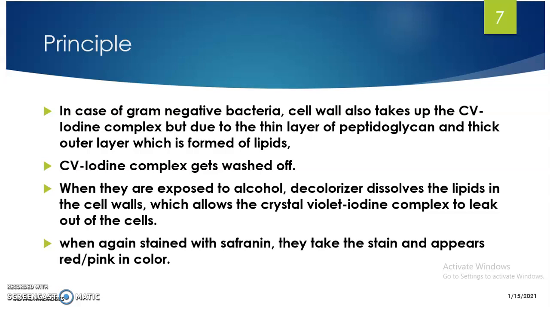That is, when they are exposed to alcohol or acetone, the decolorizer dissolves the lipids in the cell wall. This makes large pores in the cell wall so that the crystal violet iodine complex leaks out of the cell wall. So they get decolorized, or they become colorless. While applying the counterstain safranin, they take the stain of safranin and appear red or pink in color.